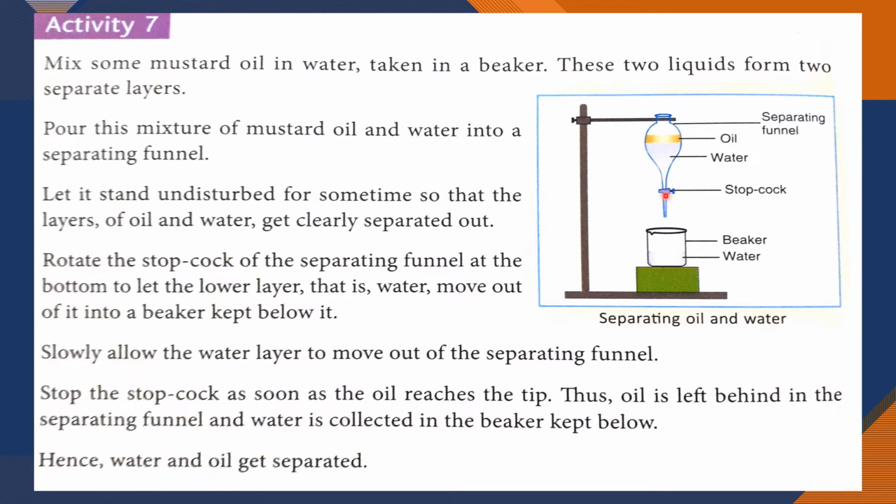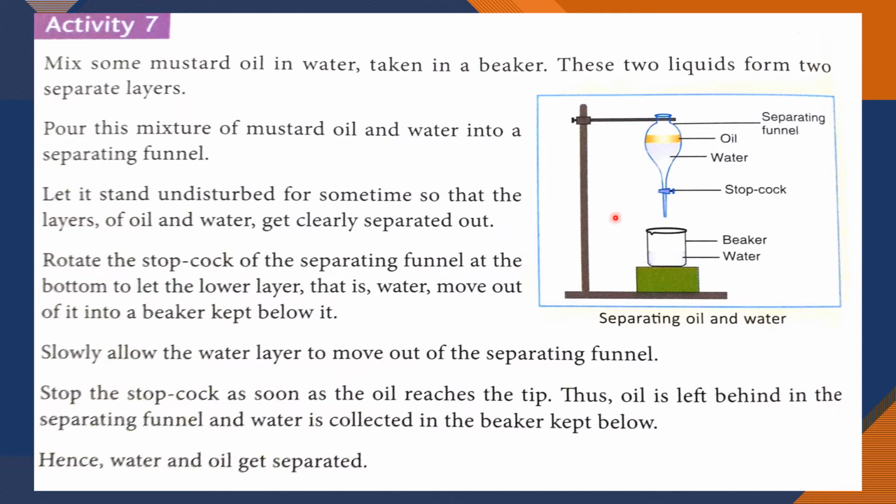Rotate the stopcock of the separating funnel at the bottom to let the lower layer, that is water, move out of it into a beaker kept below it. Slowly allow the water layer to move out of the separating funnel.